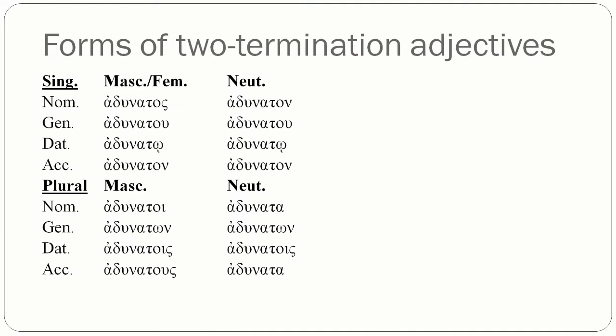Dunatos means able or powerful. Adunatos means impossible. In the masculine slash feminine, your endings are os, u, o, on, plurals oi, on, ois, and us. And then in the neuters, again, nominative and accusative forms are the same. Genitive and dative forms look the same as the masculine slash feminine.